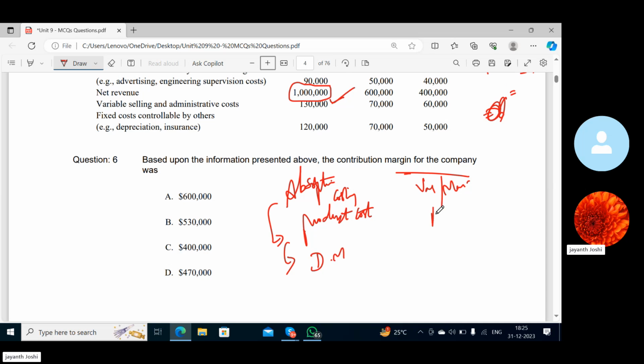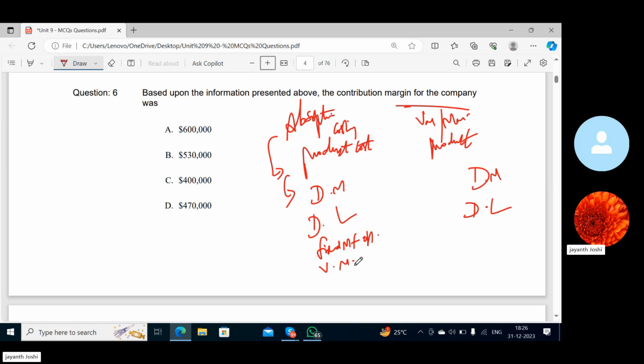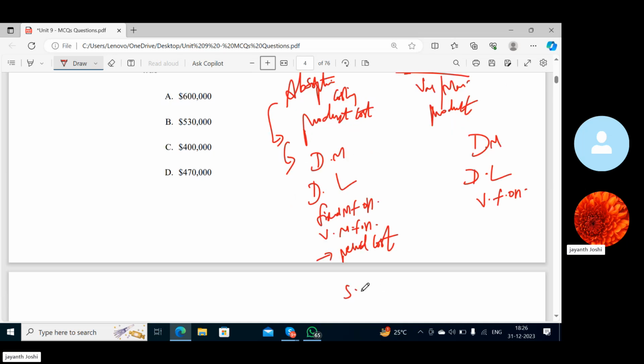Direct material, direct labor, fixed manufacturing overhead, and variable manufacturing overhead. In variable costing, only variable manufacturing overhead; the rest are period costs, like selling, administration and overheads.